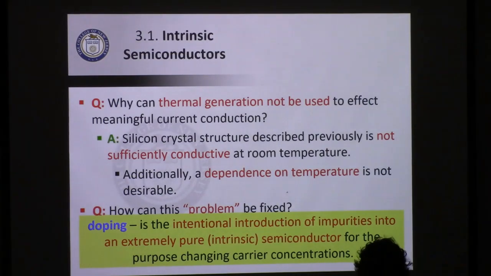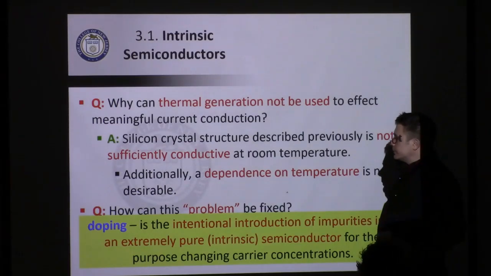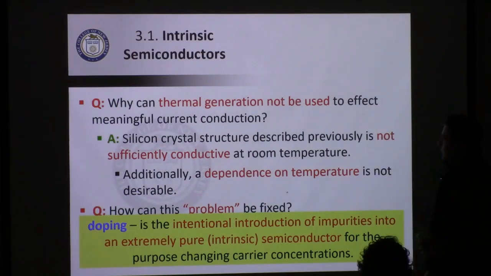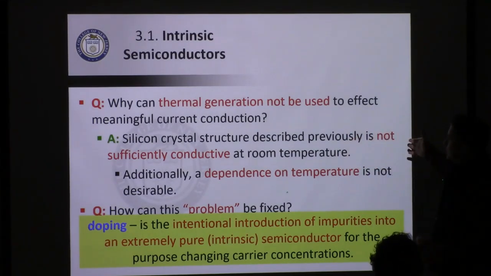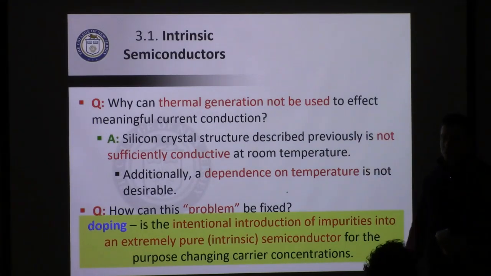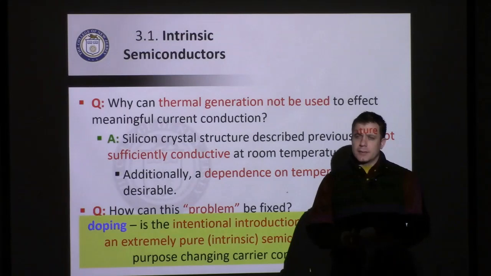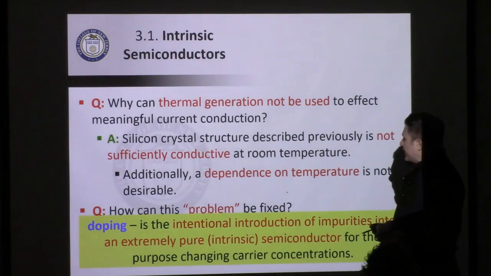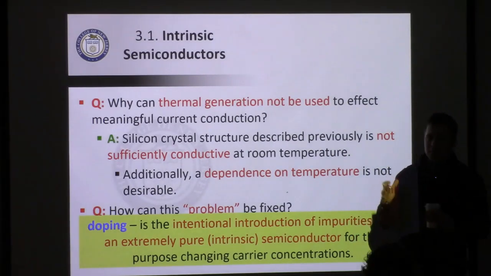So why can we not use thermal generation to affect meaningful current conduction? First things first, the silicon crystal structure we described previously is not really that conductive at room temperature. Even at room temperature, you're not going to be building any iPhones from that, okay? Additionally, the dependence on temperature is not desirable. We don't want dependence on temperature.